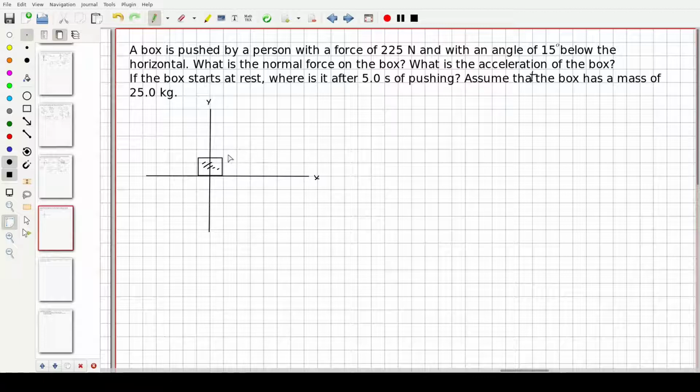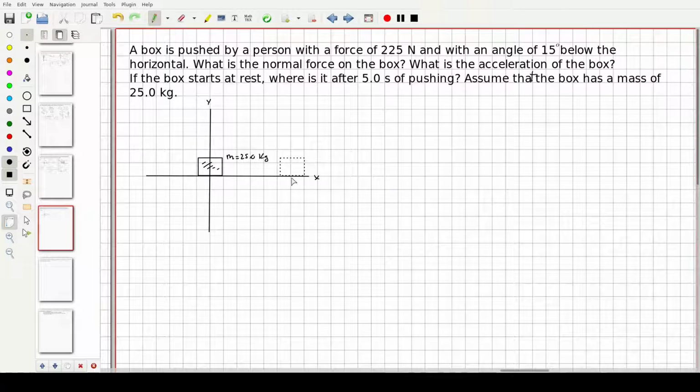The mass of the box is 25.0 kilograms. Now, it's being pushed. We're going to have it being pushed to the right. So at some point, and I'll draw a little fake dashed box here, at some point over here, we're pushing on the box, and it's over there now.